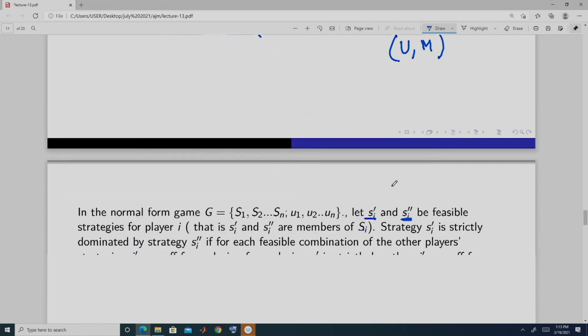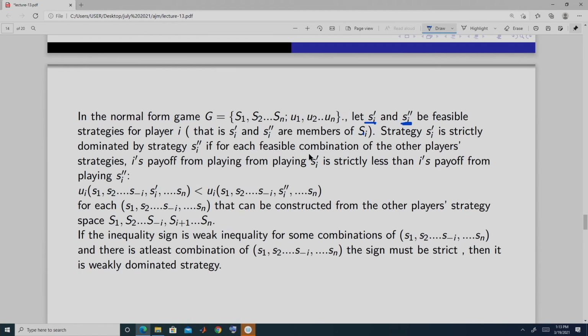So, that is what it says, that for each feasible combination of other players' strategies, Si's payoff from playing Si' is strictly less than Si's payoff from playing Si''. So, the utility from playing the single dash strategy is less than from playing the double dash strategy.